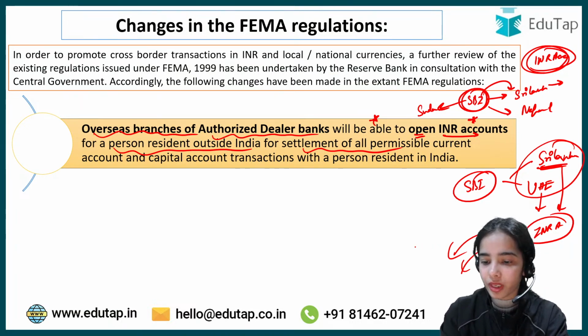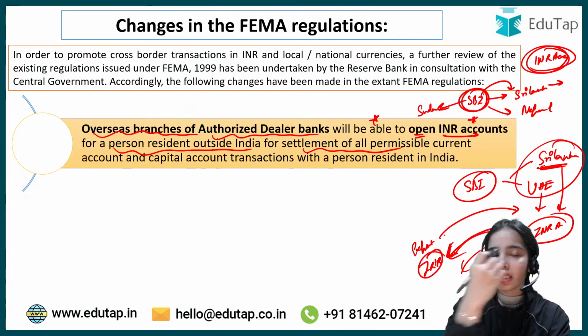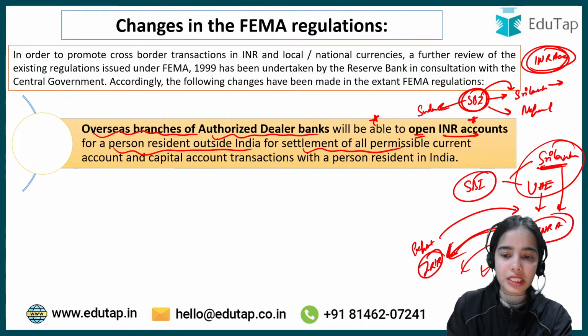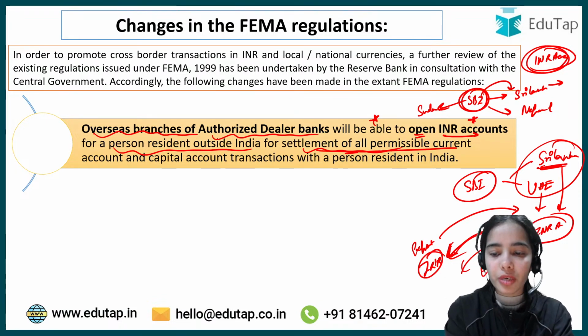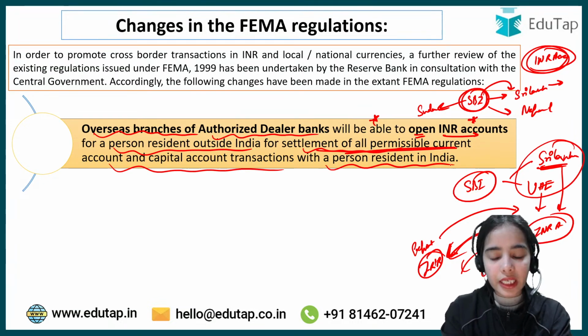Let's say export has happened from India, so the proceeds can be sent in INR. Okay, the money we can receive in INR. So for the settlement of all permissible current and capital account transactions with the person resident in India, these INR accounts can be used.